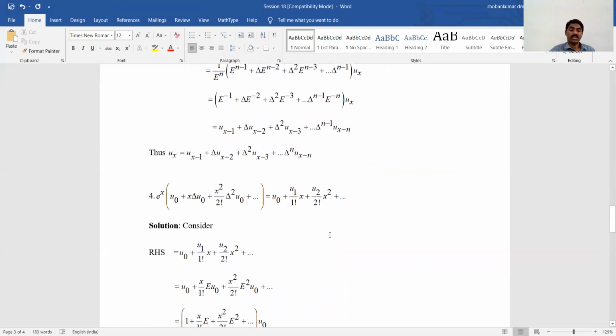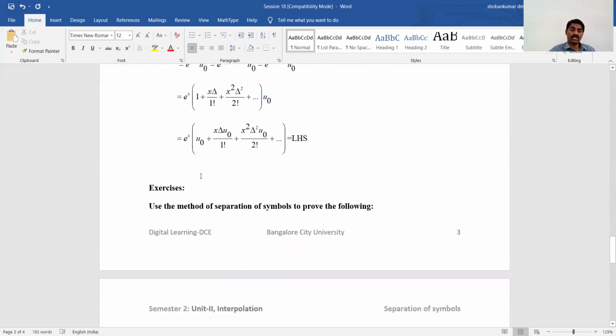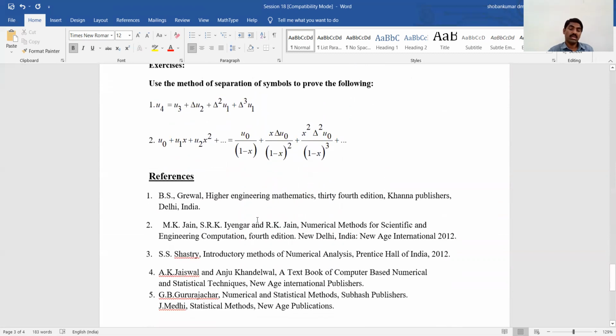This is the required result. Similarly, prove this one yourself. This is very simple. And as an exercise, try to solve these two problems by using separation of symbols and go through these references. Okay, thank you.